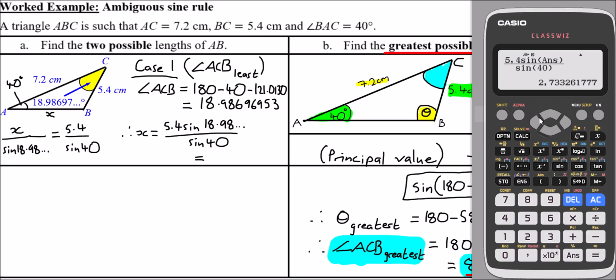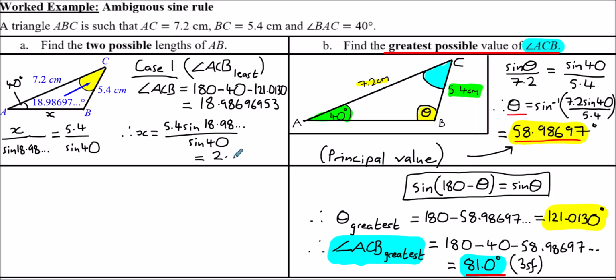That gives us an answer to 3 sig figs of 2.73 centimetres. And so from that we can say that AB is 2.73 centimetres.